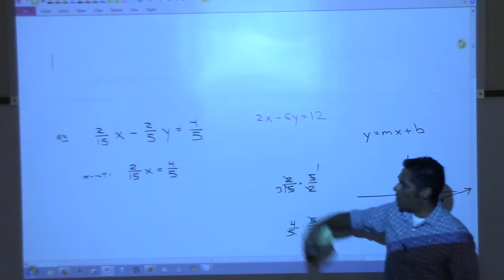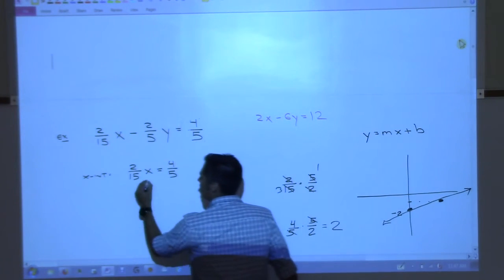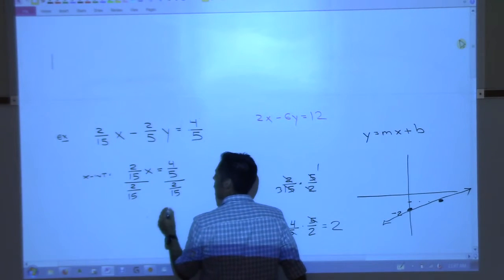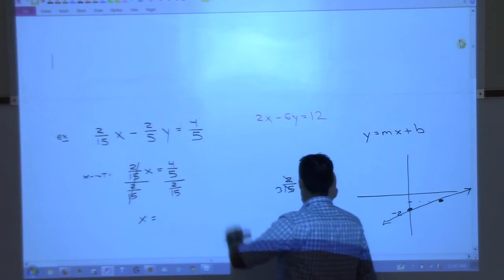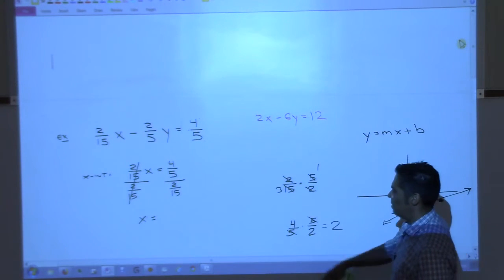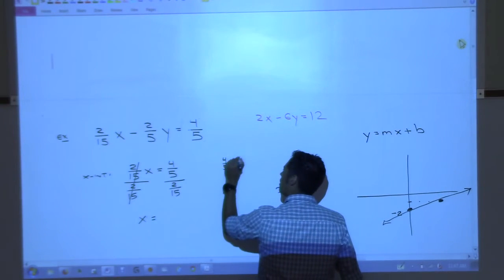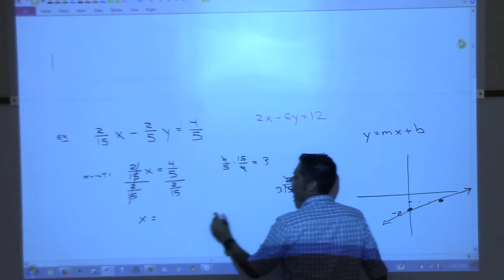It would have killed off that whole y piece and just left me with that. And then I would have divided both sides by 2/15. And this would have just become x. And then this one, when I flip it, I think I did that over here, didn't I? No, I didn't. So this would become 4/5 times 15 over 4. We get 3 there. So x is 3.